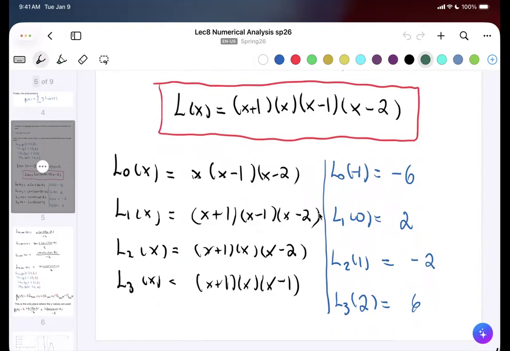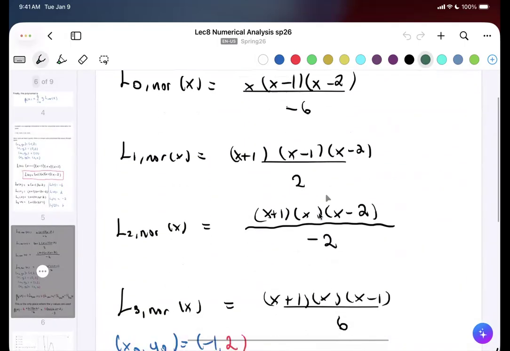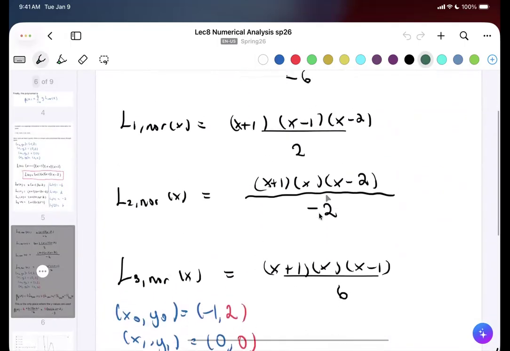And having value 1 is a useful normalization condition to have. So basically, you compute the value of each polynomial at the x value where it's not 0. So you get these numbers, and then you rescale the polynomials by that number so that now they have value 1 at those points.